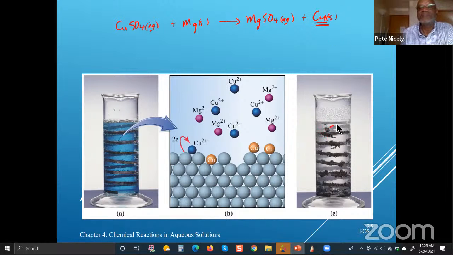The copper solid is what is deposited. You see these deposits right here. That's the copper being deposited. So this is the reaction that is taking place.